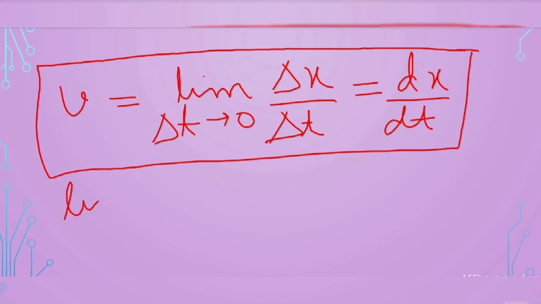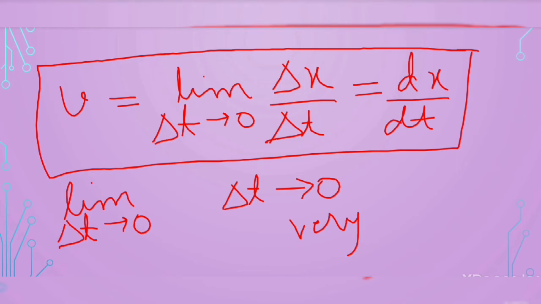Here, the symbol limit delta t tends to 0 stands for the operation of taking the limit as delta t tends to 0 of the quantity. It is not 0, but it is very close to 0.